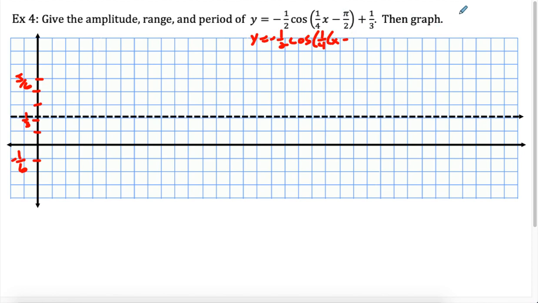Let me come off to the side here and think about pi over 2 divided by 1/4. Well, that would be the same as pi over 2 times 4/1. Dividing by a fraction is the same as multiplying by the reciprocal. So this would be 4 pi over 2, or 2 pi.